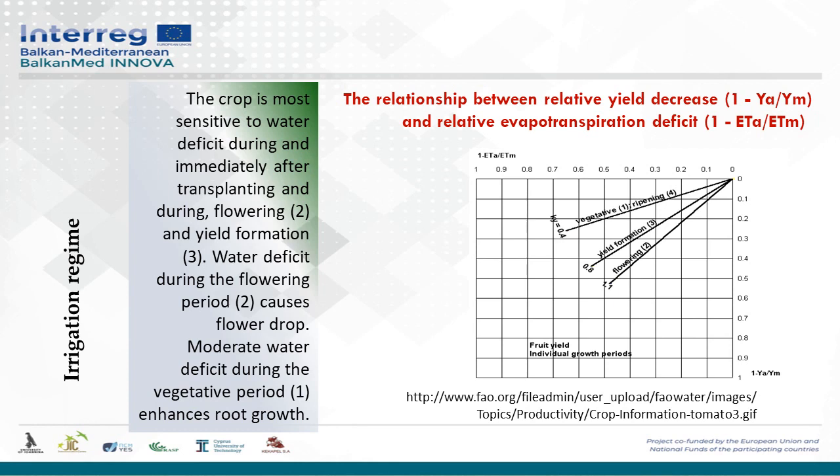And this means that if we need to save some water, of course we can do it in this period. Keeping in mind that during the vegetative stage we do not have a strong correlation coefficient and we do not have a significant yield reduction because of water shortages, this can be used in practice to avoid overly vegetative growth of plants.